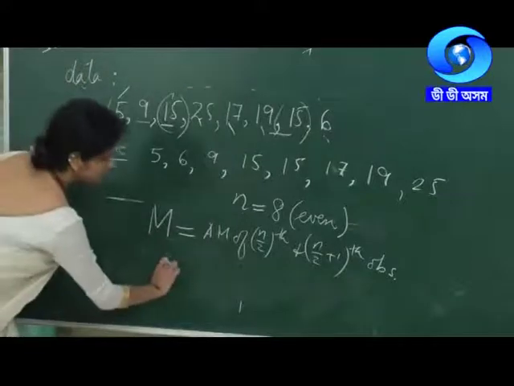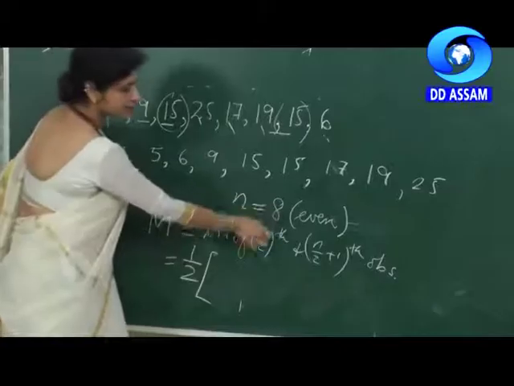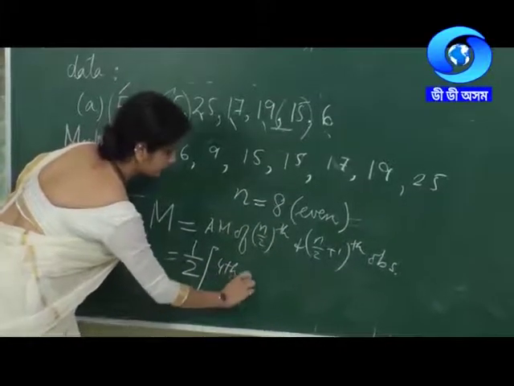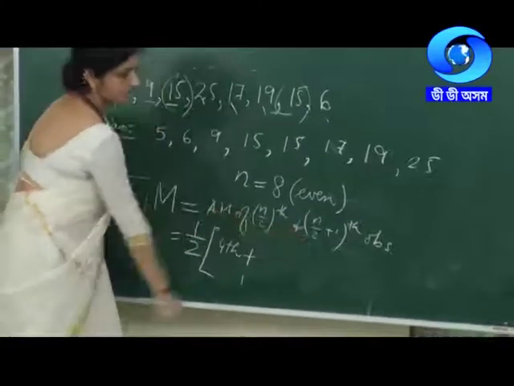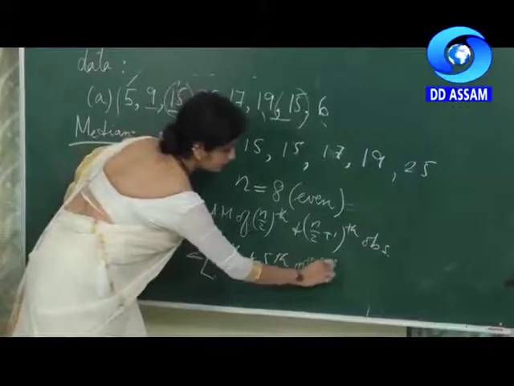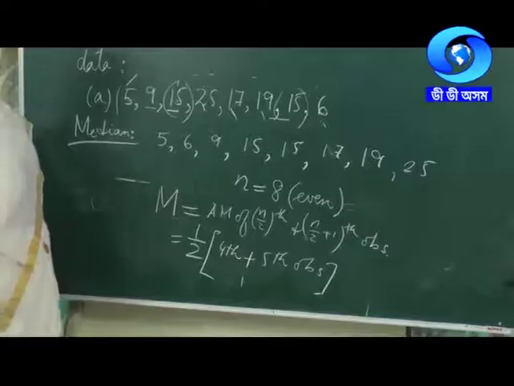Here n is 8, 8 by 2 is the 4th, and 4 plus 1 is the 5th. The arithmetic mean of the 4th and 5th observations will give us the median.